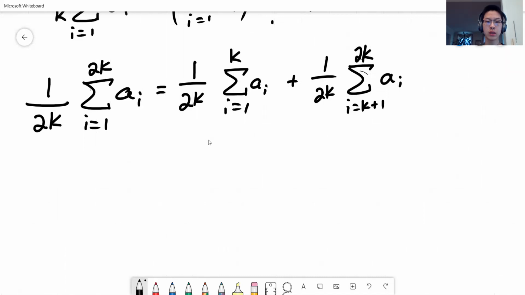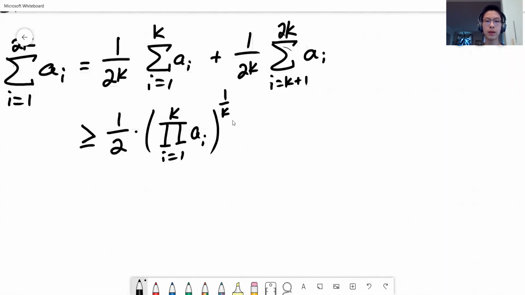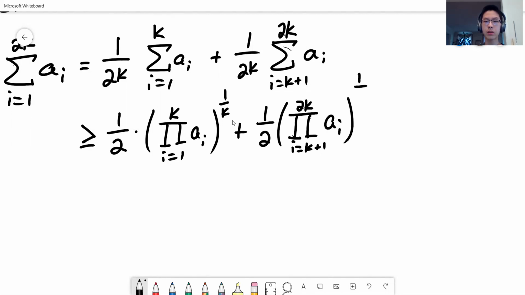So this is greater than or equal to 1 over 2 times the kth root of the product from i equals 1 to k of a sub i, well, to the 1 over k, and then plus half of this product, the product from i equals k plus 1 to 2k of a sub i to the kth root.